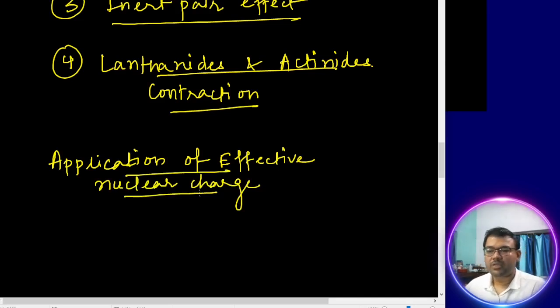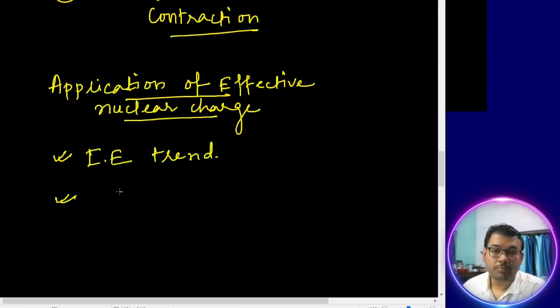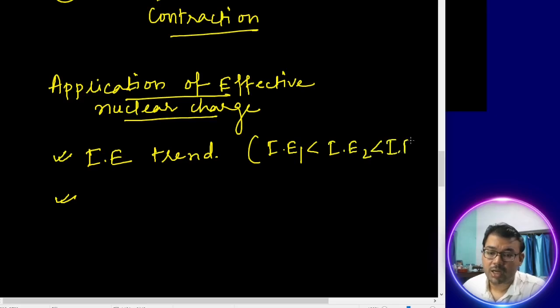The application of effective nuclear charge helps to understand the ionization energy trend for elements. Again, in the ionization energy trend, the first ionization energy is less than the second ionization energy, which is less than the third ionization energy.